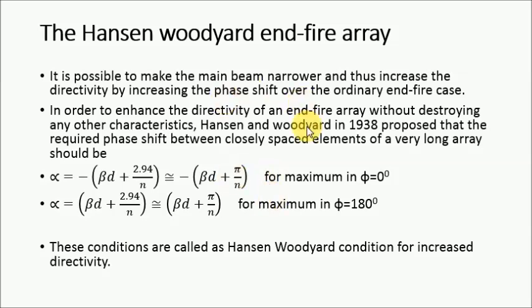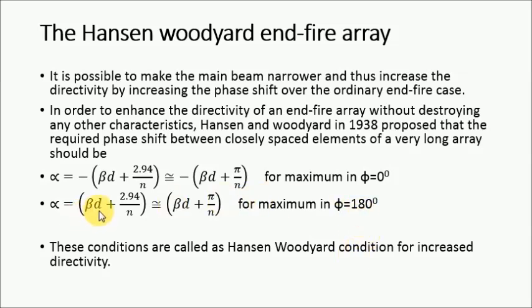So in order to enhance the directivity of an end fire array without destroying any other characteristics, Hansen and Woodyard in 1938 proposed that the required phase shift between closely spaced elements of a very long array should be as follows. For phi equal to 0, alpha is minus beta d in the previous case, and for phi equal to 180 degrees, alpha is plus beta d.